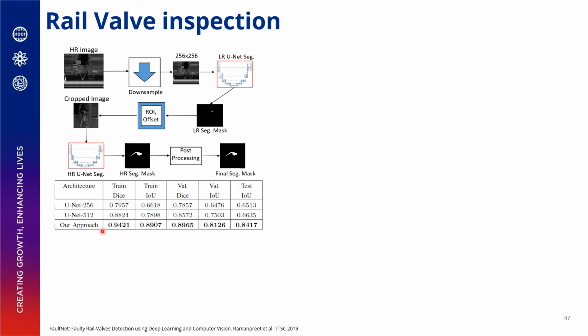Overall, our two-step approach, where we first find the region of interest and then perform UNet segmentation, gave us really high Dice and IOU compared to, let's say, UNet 256, which would be this low resolution UNet, or even 512 by 512, which is reasonably high resolution UNet that could fit in the GPU for us.